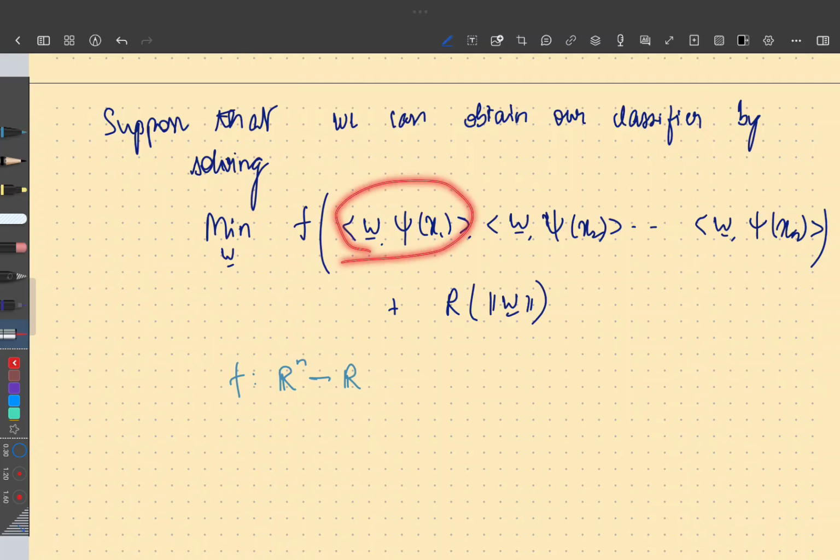Each of these inner products is a real number, so f is any arbitrary function that takes n real numbers and outputs some real number. I don't demand that f is convex or anything else, just some function of n real numbers, but R is non-decreasing.